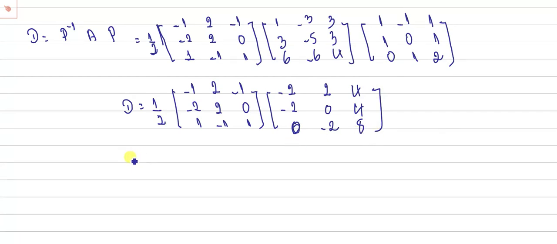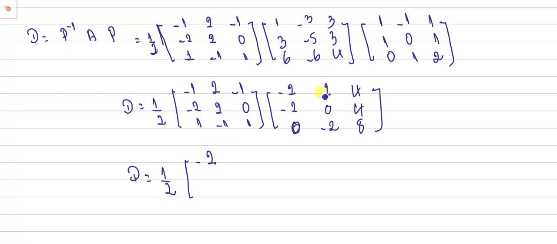So we got D. D is 1 over 2, minus 2, minus 2 and minus 4. This one is 2. 2 minus 4 is minus 2. This one is minus 2. 2 minus 4 is minus 2.